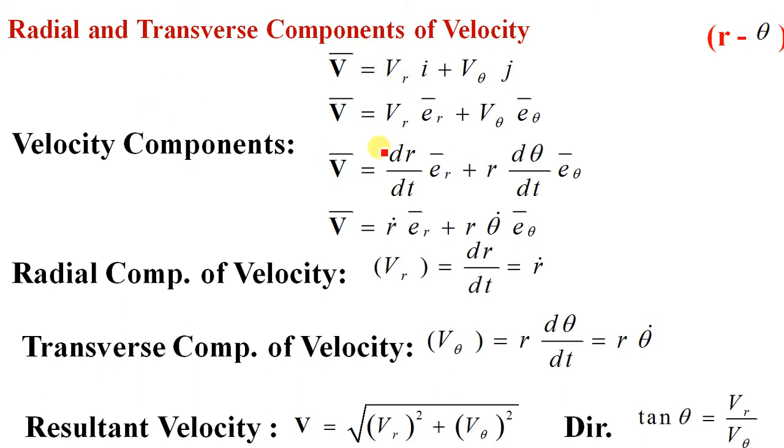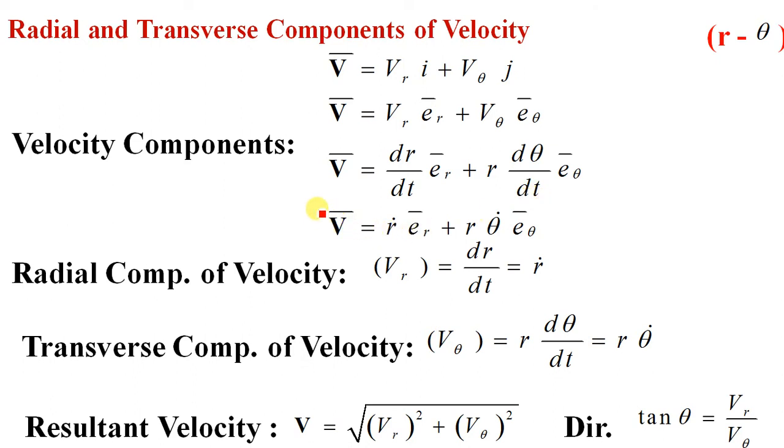So friends, my request is that you have to just learn these formulae in order to solve the numericals. No one is going to ask you for the derivation of the formulas. So, radial and transverse components of velocity: v is equal to vr i plus v theta j, where i is the unit vector in the r direction and j is the unit vector in the theta direction. vr is nothing but the derivative of r with respect to t, that is dr by dt, and v theta is equal to r d theta upon dt.